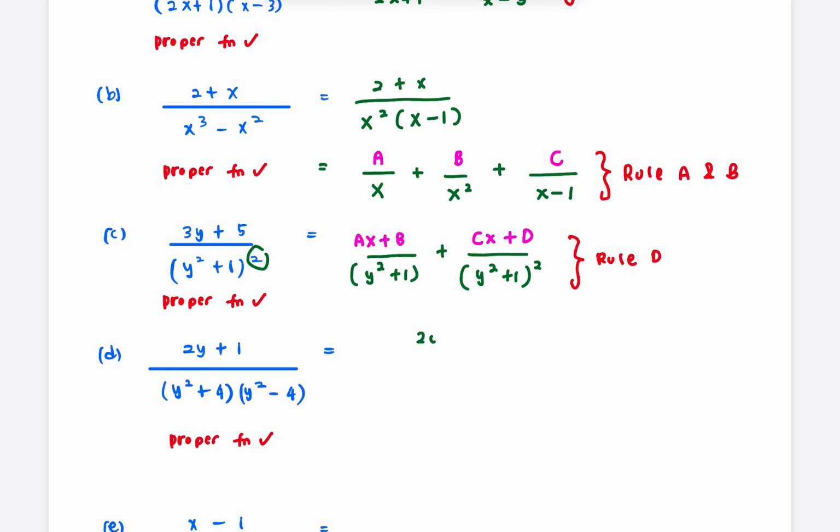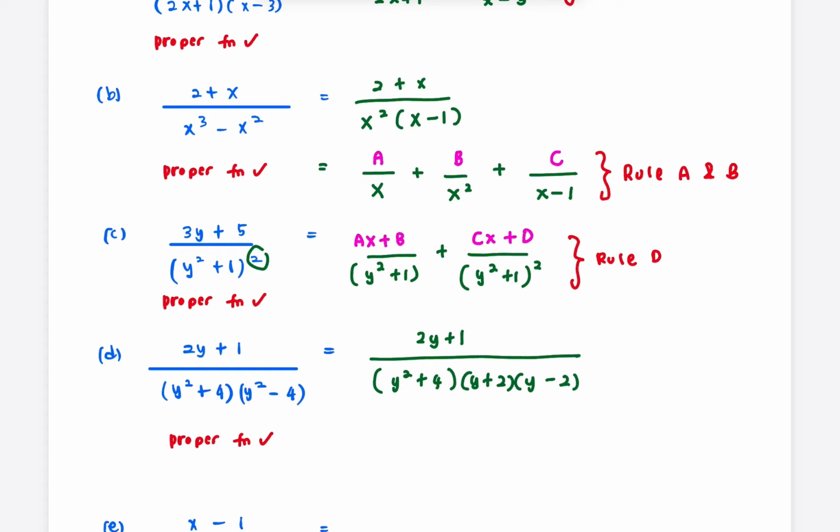So you are combining rule A, which is linear, and also rule C, which is irreducible quadratic. So you will have 3 fractions, which is y squared plus 4, plus something over y plus 2, plus something over y minus 2.